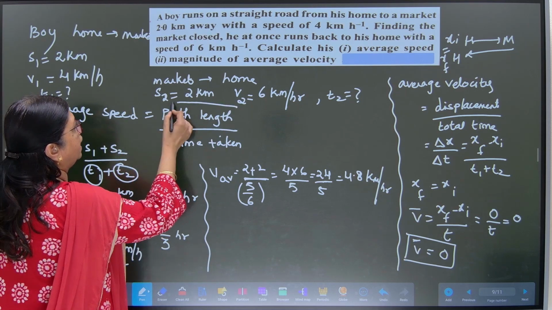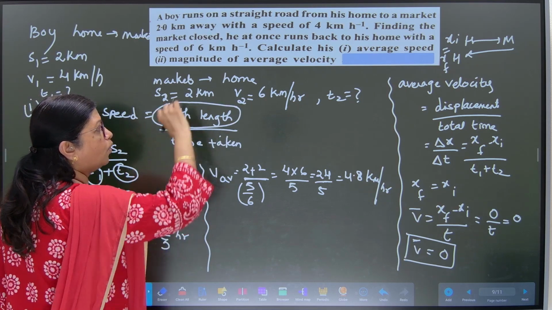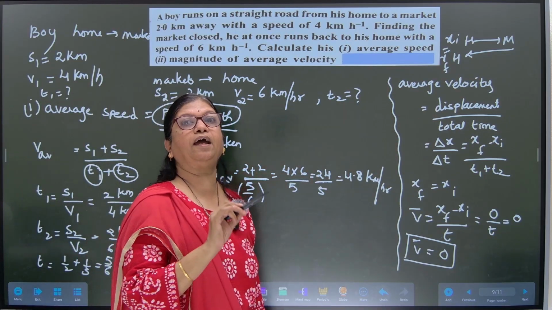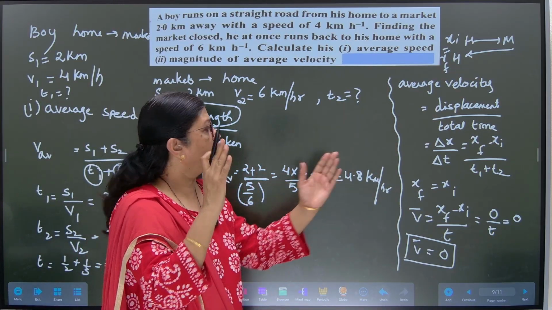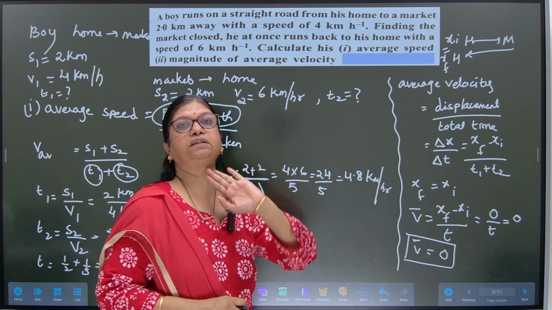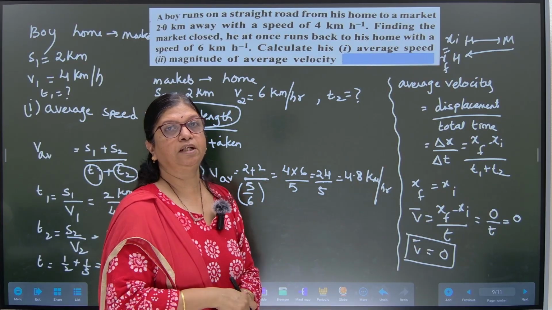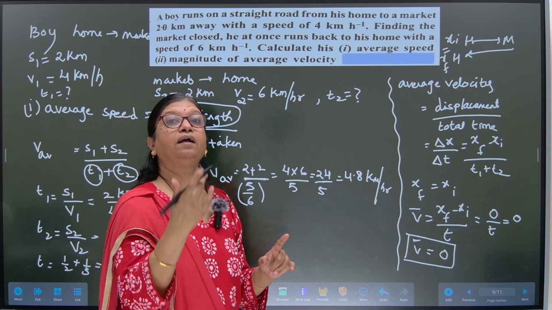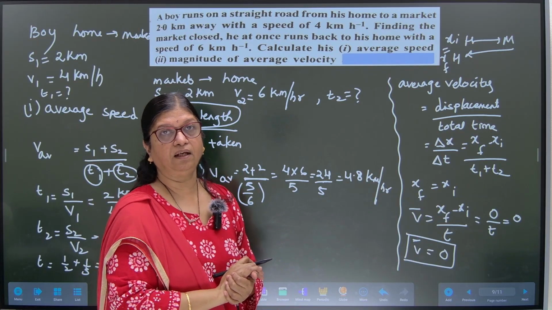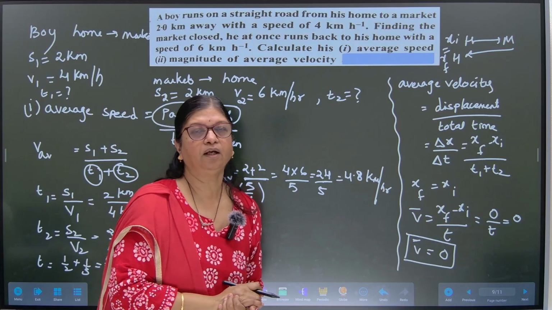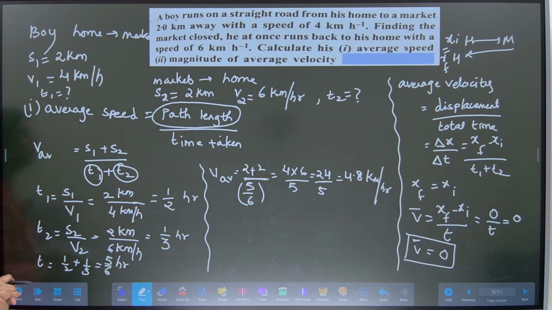This is path length, where I have to calculate the whole route of the person. This is displacement, where I have to calculate only final position minus initial position and divide by time. Here also I have to divide by time. So understand this concept, connect it to the theory and learn the concept very properly. Fine? Okay, I'll just move. You can take a pic.